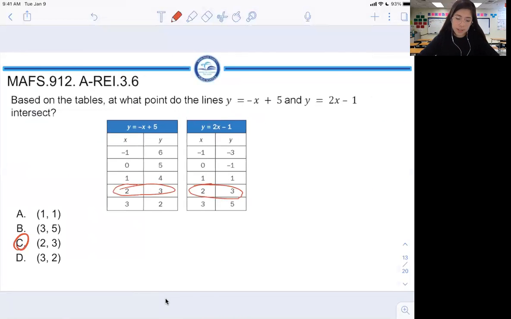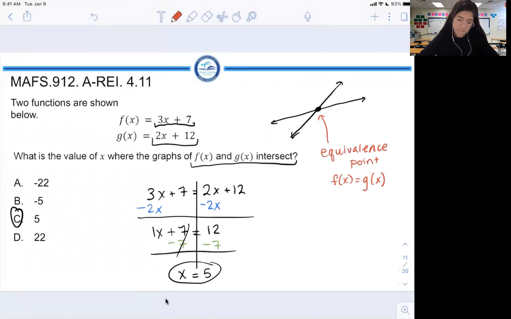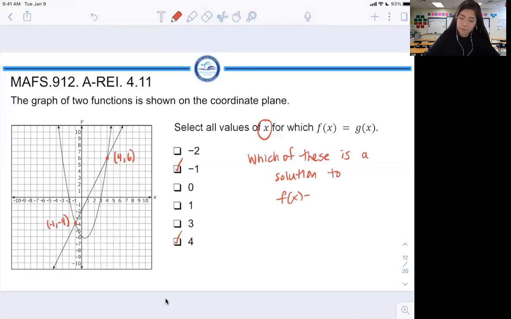Sometimes they'll use the word solution in this type of problem. Like sometimes they'll say, which of these is a solution to f of x equals g of x. So there's that word solution again.